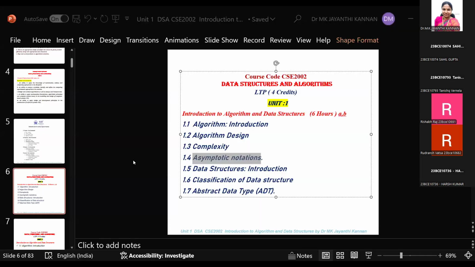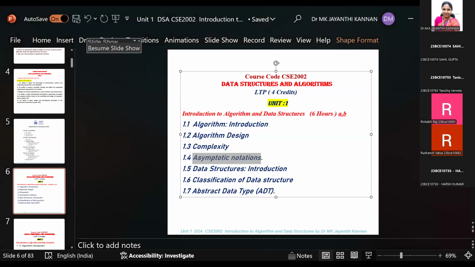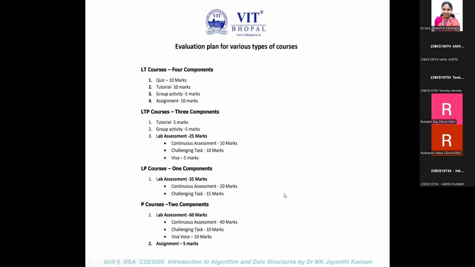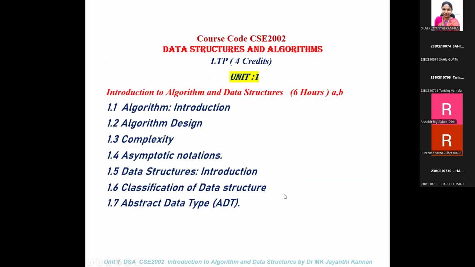So already we discussed first unit also. If you revise the first unit topics, these are the topics we have. So here also, as we discussed, we have first half and second half.